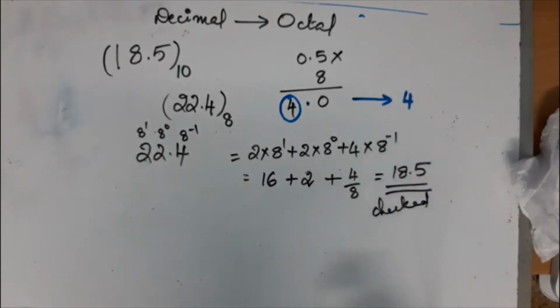Okay, so that is decimal to octal conversion and we did the octal to decimal conversion also. Likewise, you can do the hex to decimal and decimal to hex conversions.